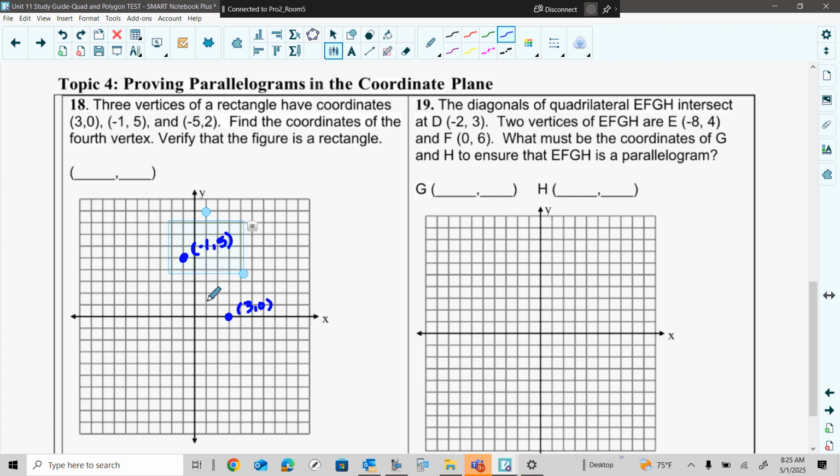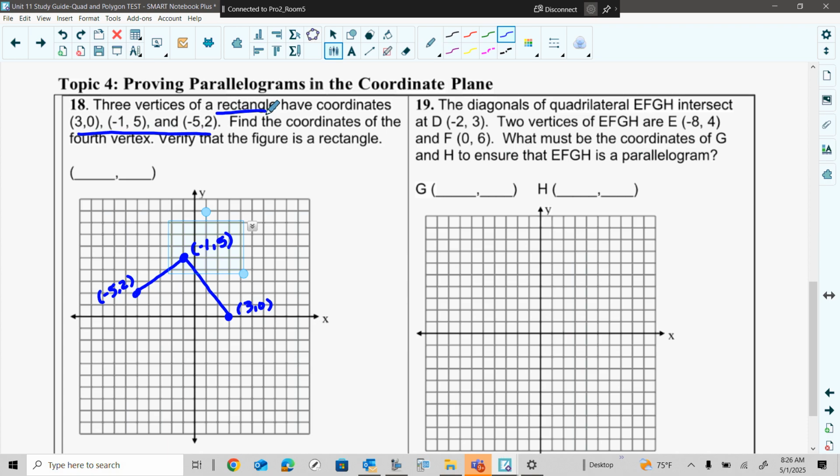And we have negative 5, 2. You want to connect in order. It is a rectangle, so we're going from here to here to here. If it's a rectangle, then we have to have right angles.